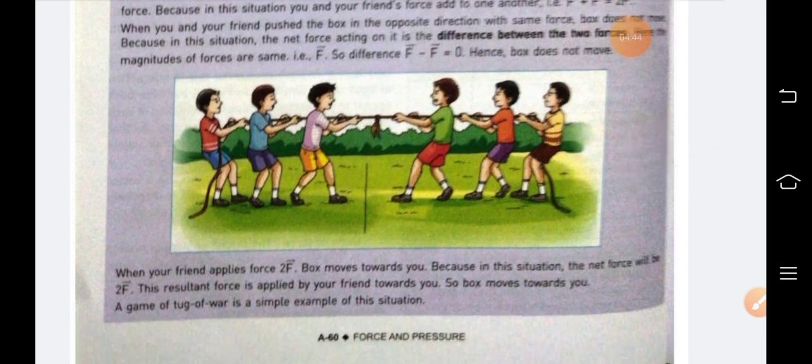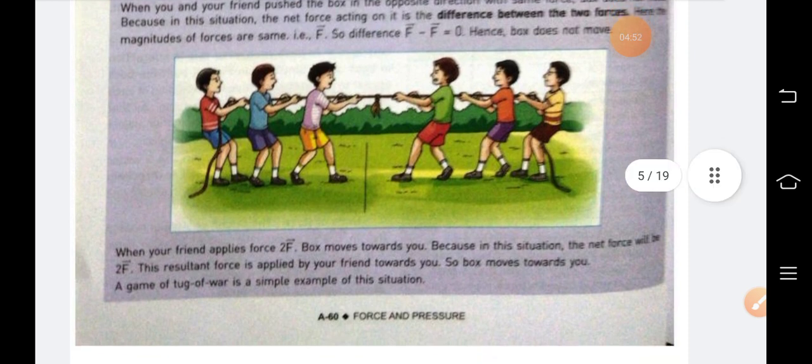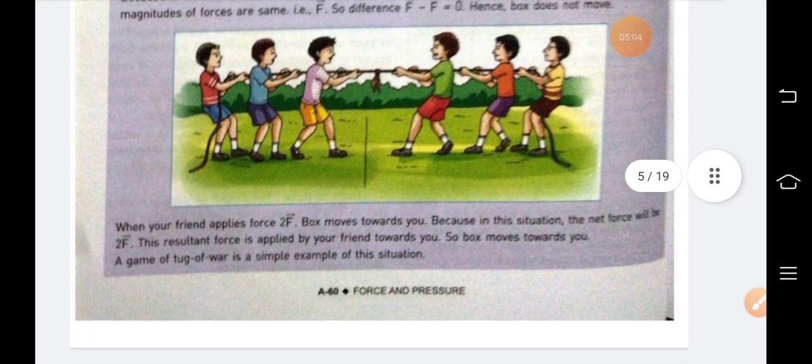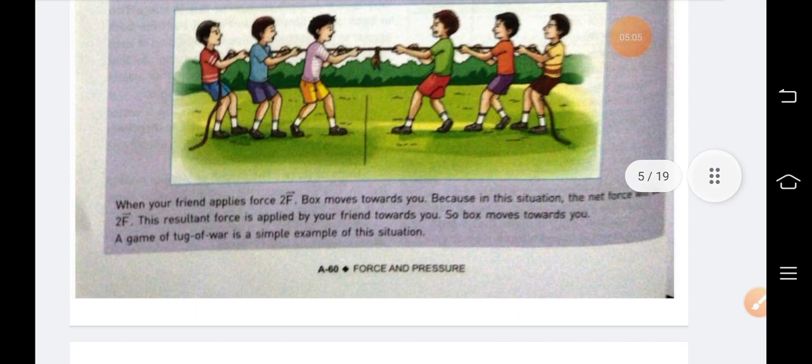And when your friend applies 2F force, the box moves towards you because this time the net force will be 2F, which is more than the force applied by you.